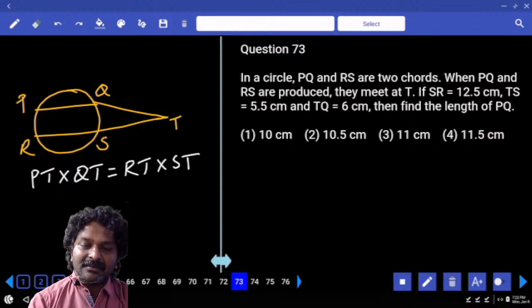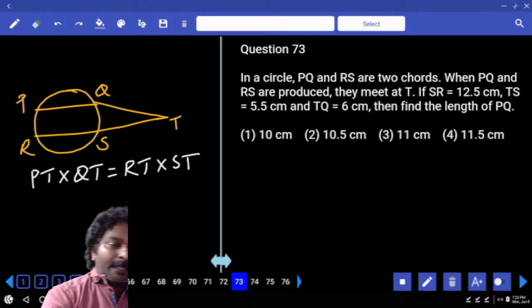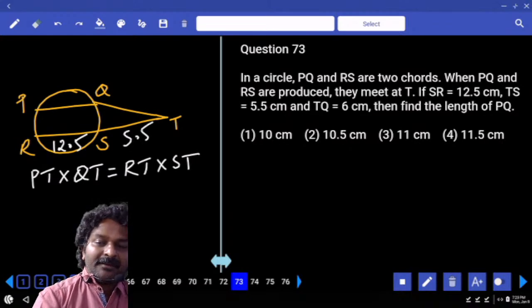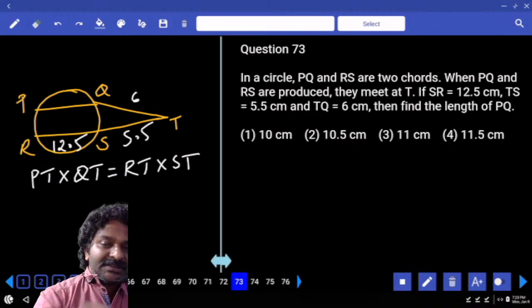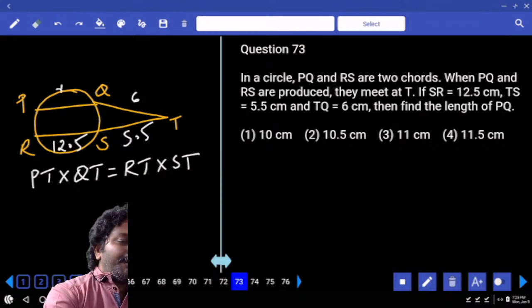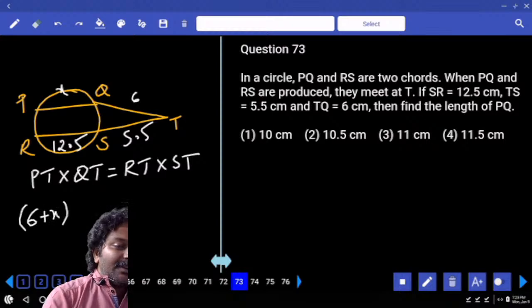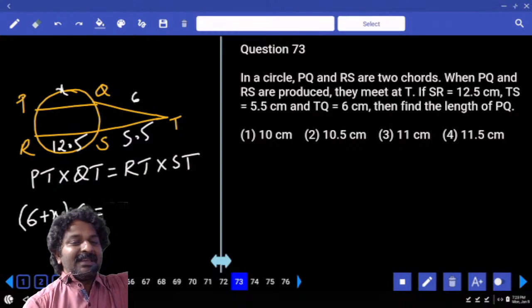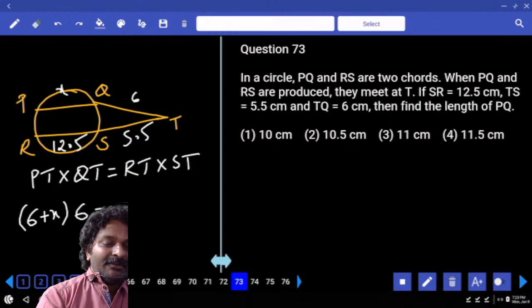SR is 12.5, TS is 5.5, TQ is 6, and we were asked to calculate PQ. PT in the sense 6 plus X, QT is 6. RT, in the sense R to S, S to T, is 18, into 5.5.